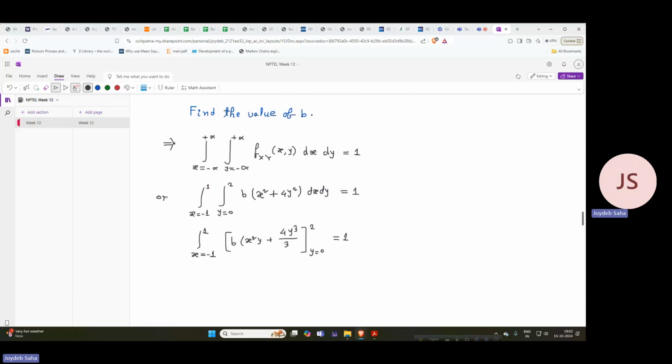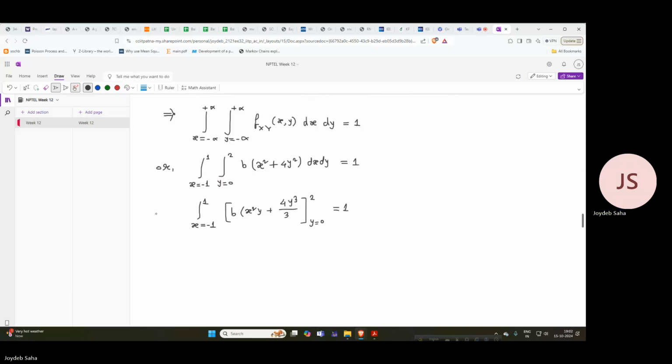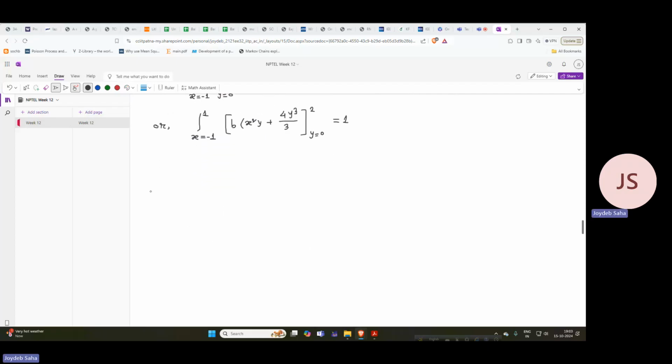Here we can write, or let us put the value of y here. It will be dx. Okay, x is equal to -1 to 1.